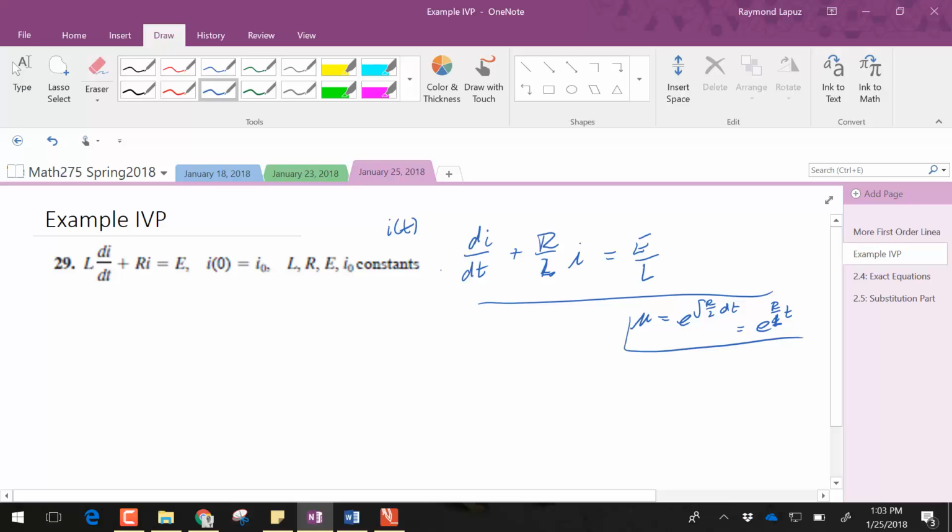Now that we know our integrating factor, we'll multiply both sides by the integrating factor. This is going to give us e to the R over L t times di/dt plus e raised to the R over L t times R over L times I is equal to E over L times e to the R over L t.